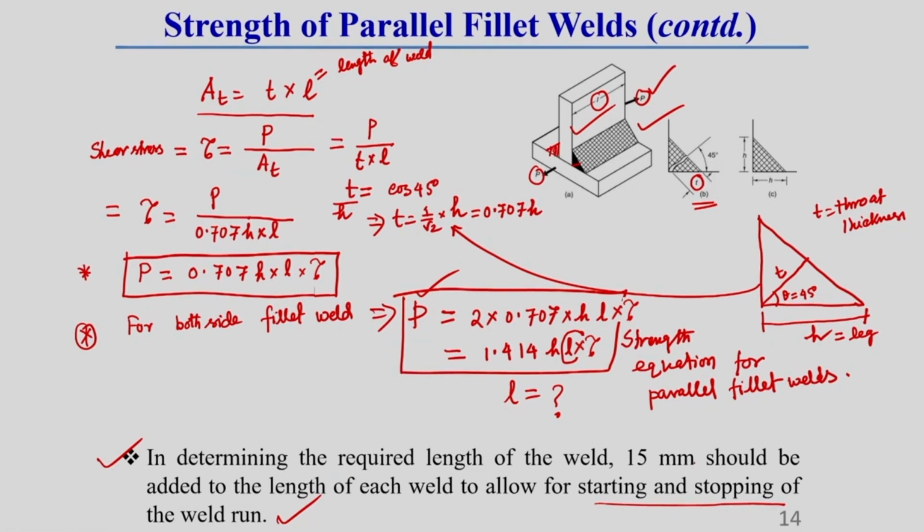This you should keep in mind. So, whatever L we get here, once we add this 15 millimeter, the final length we get should be our final design length. This you should keep in mind.